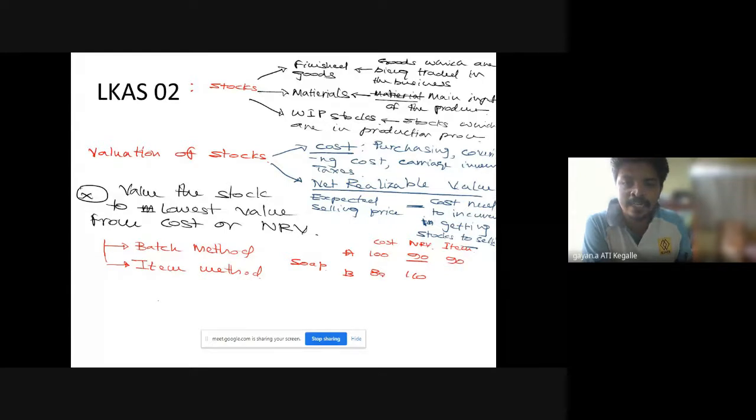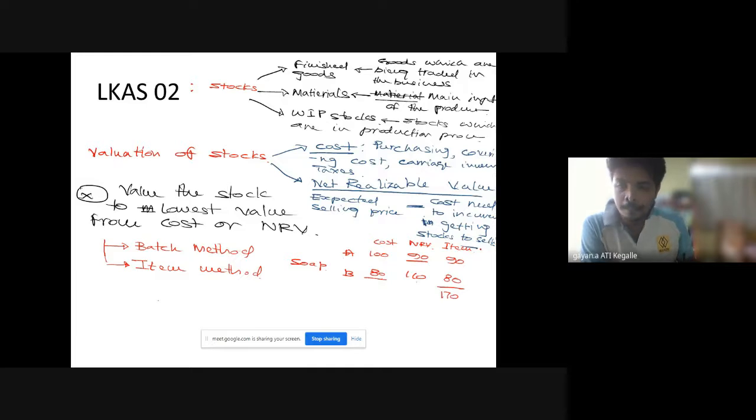Here 80, 110, 80 is less, cost is the lesser, then we need to consider 80. Then based on this method we can identify the value of these items. The value which should be recorded we need to identify as 170.